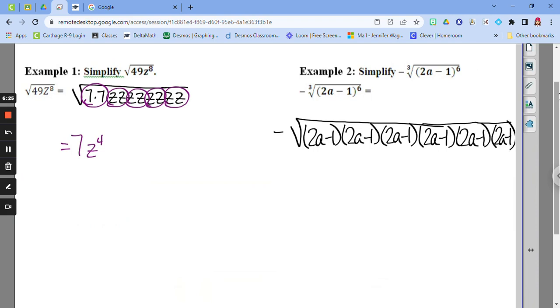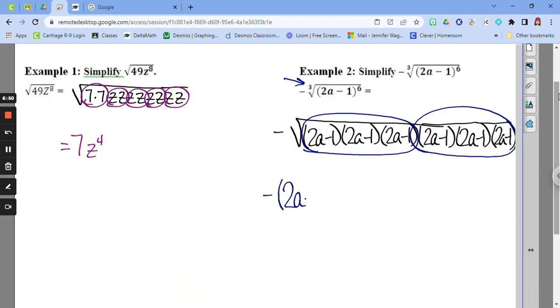Now, I don't know about you, but I really don't want to multiply that out. My index is 3, so I'm looking for groups of 3. I have one group of 3 there, and I have another group of 3 there. So that's a negative. And we're done. The negative just sits out in front, a negative 1 times that, and we just leave it alone.